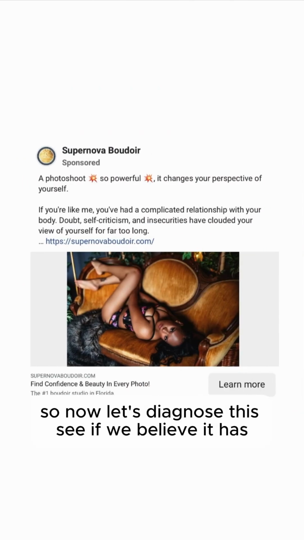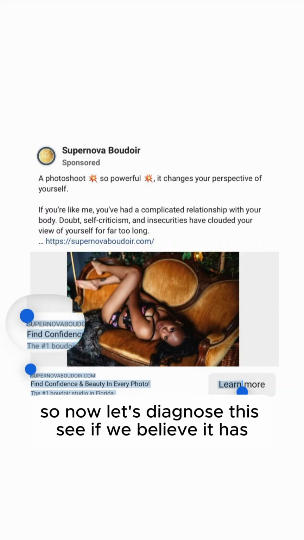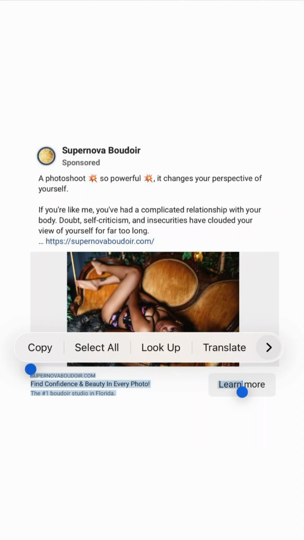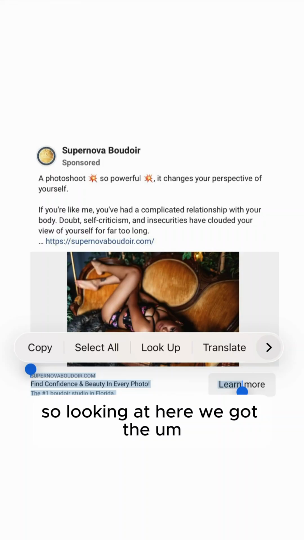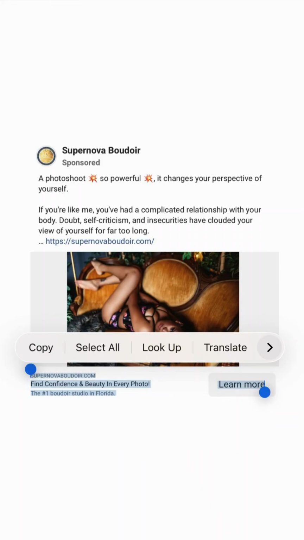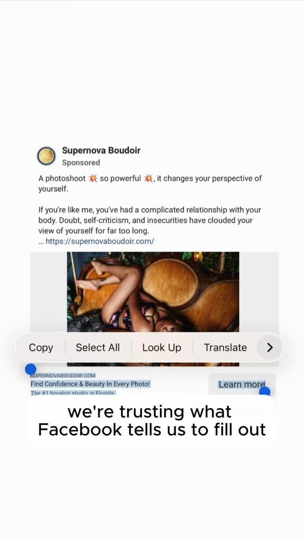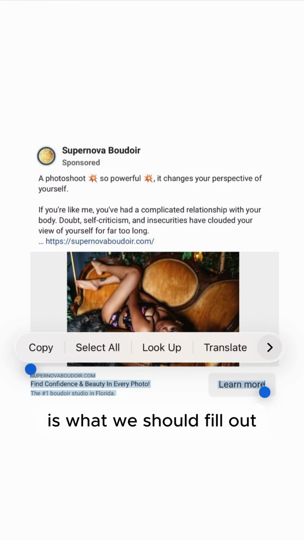So now let's diagnose this, see if we believe it has BLCS, aka Boudoir low click syndrome. So looking at here, we got the below creative cluster mistake. The false belief that causes us to make this mistake is we're trusting that what Facebook tells us to fill out when we're setting up our ad is what we should fill out.